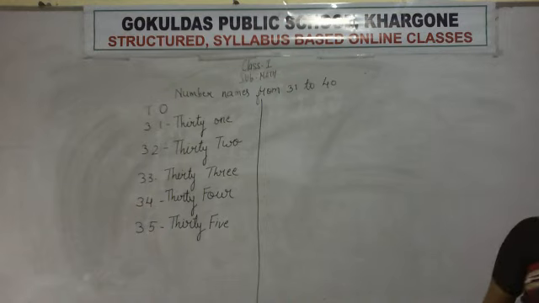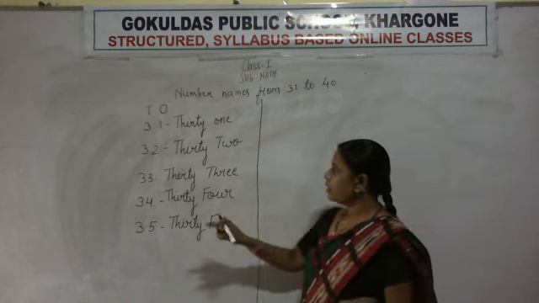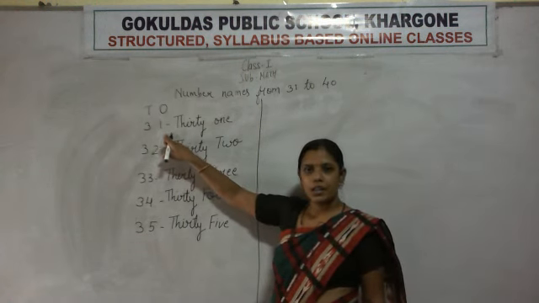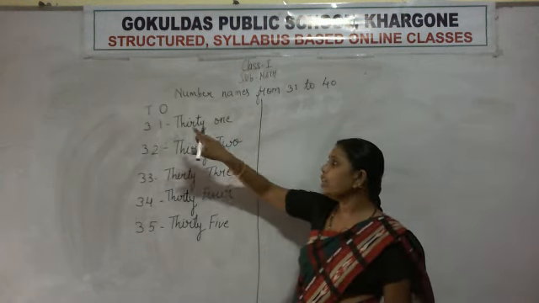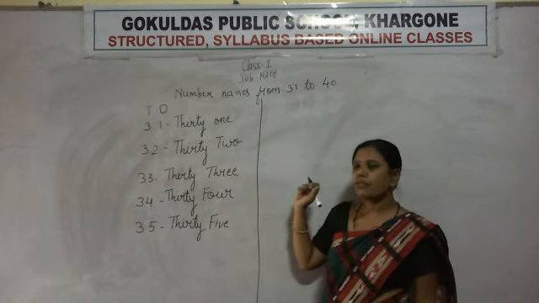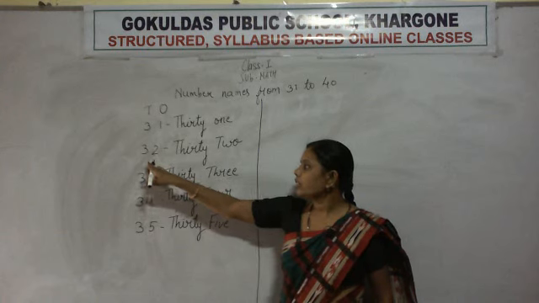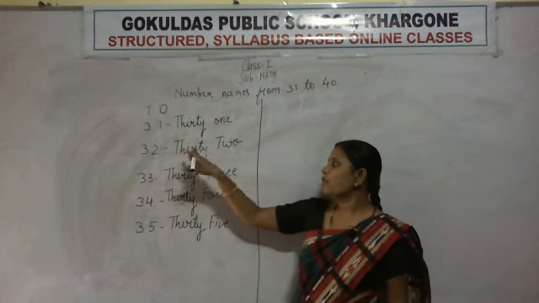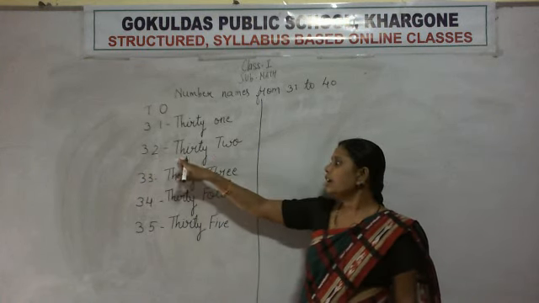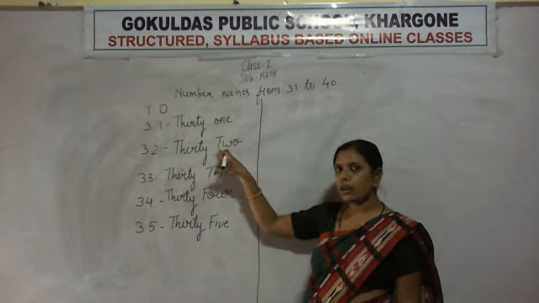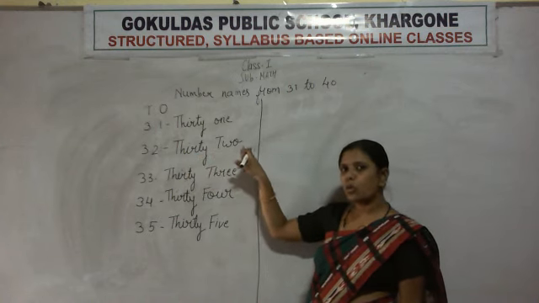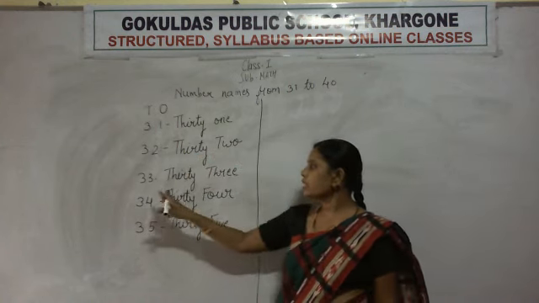Written? Again I am repeating. 3 1, 31. So what is the spelling of 31? THIRTY, 30, ONE, 1, 31. Next 3 2, 32. First write the spelling of 30. THIRTY, 30, TWO, 32. Next 33.